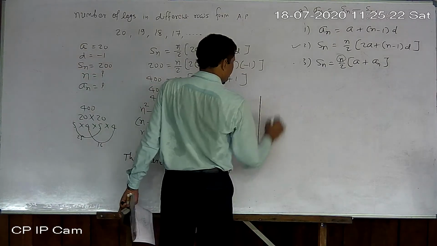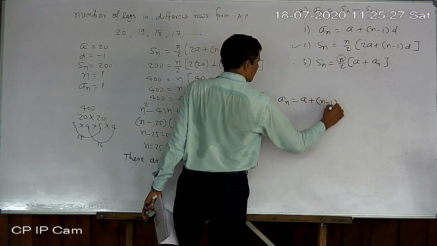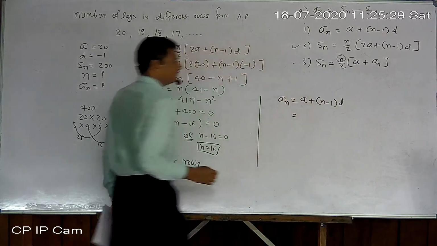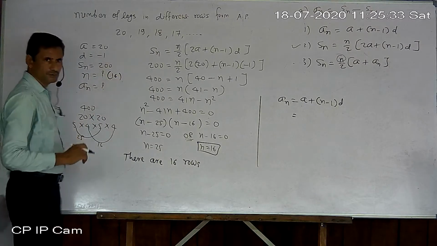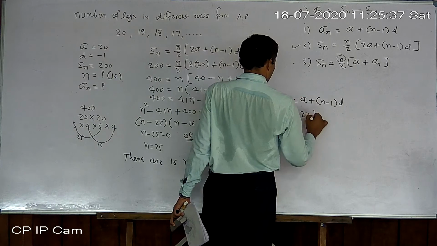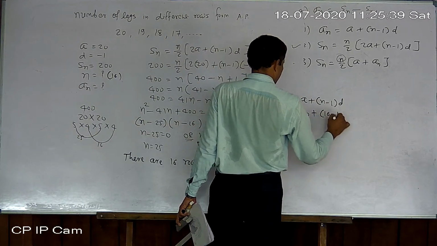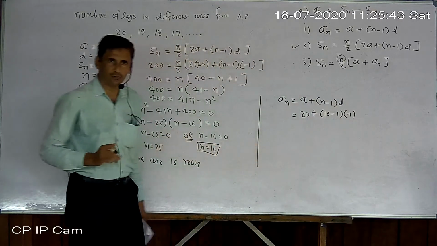AN equals A plus n minus 1 d. Now write down all values. n we got 16, so use that also. So A equals 20, 16 minus 1, and d is minus 1. d we always place in brackets.